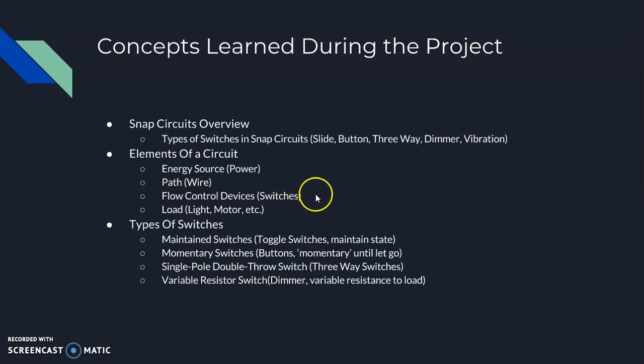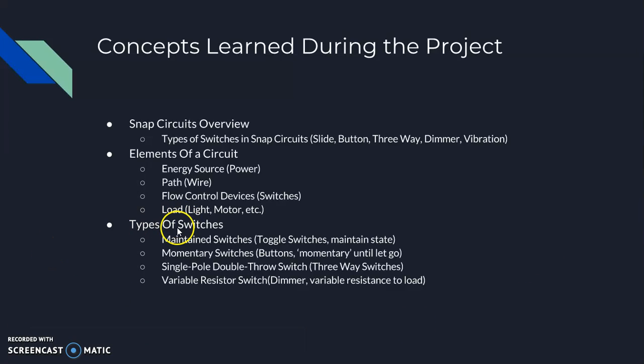You need a path, which is the wire, or in this case the snap circuit pieces, which snap to each other to carry energy. You need flow control devices, which are essentially switches, anything that controls the power being sent through. And then you need a load, which is what's using the power. It's generally a light bulb, an LED, or a motor, any of those things that use power.